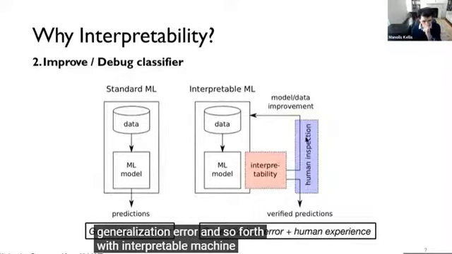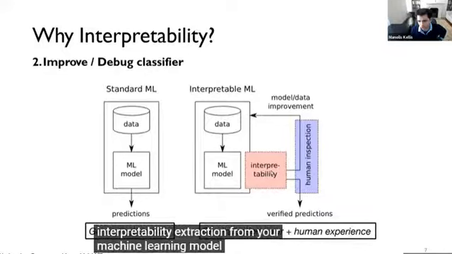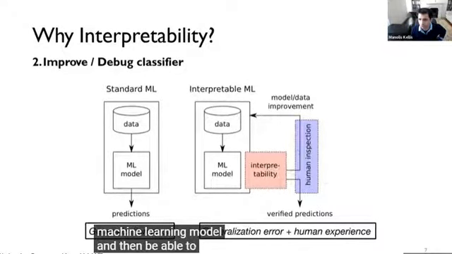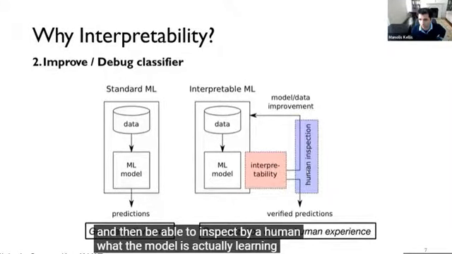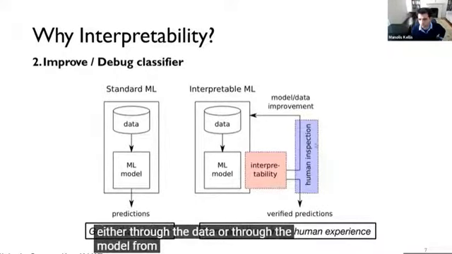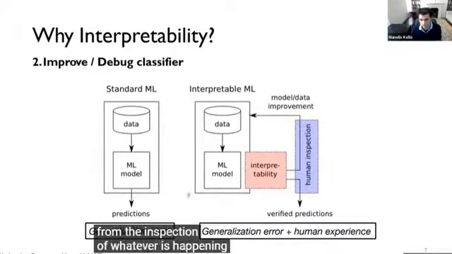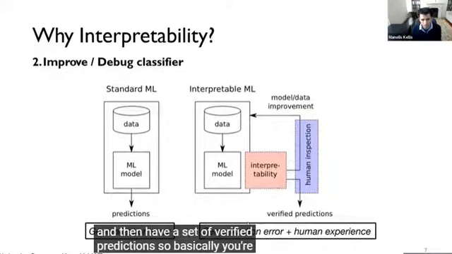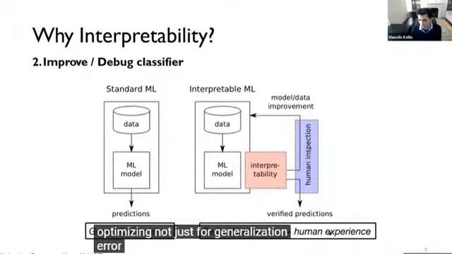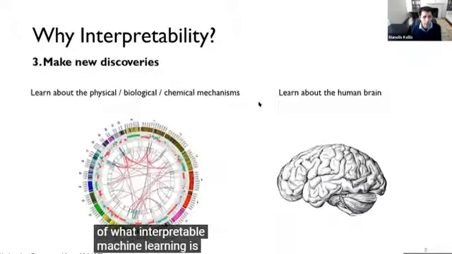With interpretable machine learning, you would like to have some interpretability extraction from your machine learning model, and then be able to inspect by a human what the model is actually learning, and then give feedback either through the data or through the model from the interpretation of those mistakes, from the inspection of whatever is happening inside the black box model, and then have a set of verified predictions. So basically you're optimizing not just for generalization error, but also for the human experience. And that's sort of what interpretable machine learning is all about.